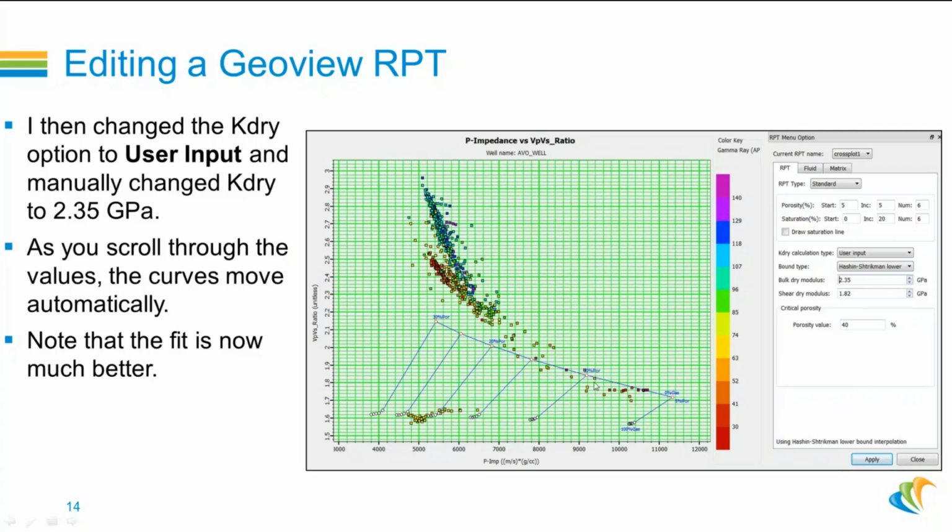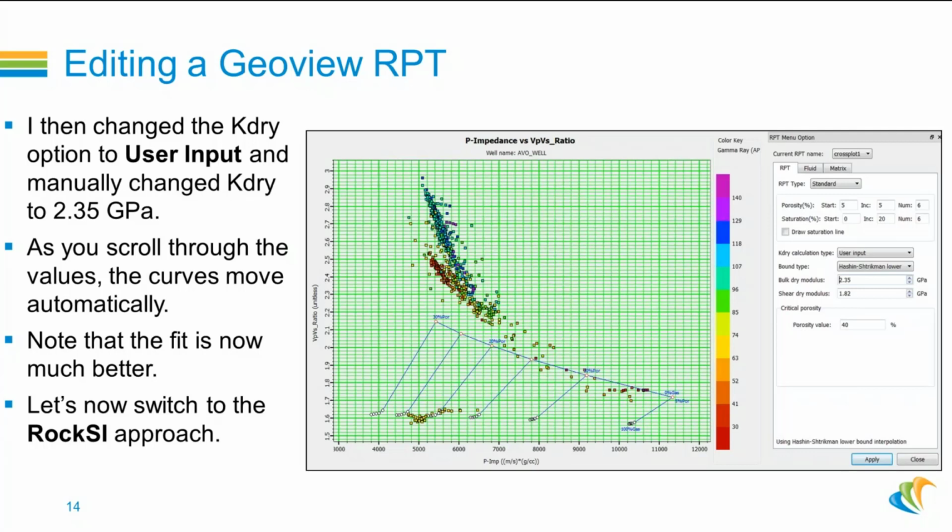Now, because you're obviously forcing the fit here, it doesn't necessarily mean you've got the optimal values from an actual physics point of view, but you have got a much better fit now. So that's a very quick summary of how to use the existing rock physics template.